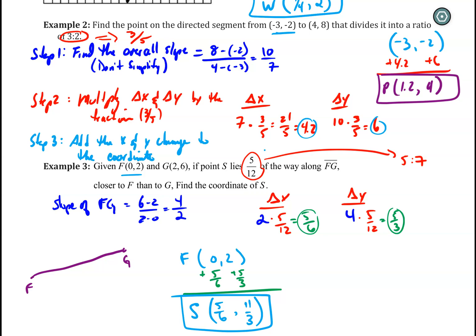This point is 5/12 of the way, so that's a little bit less than half. Right, this would be half, so it would be something right around here, right? And it would mean here that you'd have 5 pieces on this side, and you'd have your 7 equal pieces on that side. All right, that's what that represents. So that value, that's the actual coordinate that it would be for that 5/12 of the way.